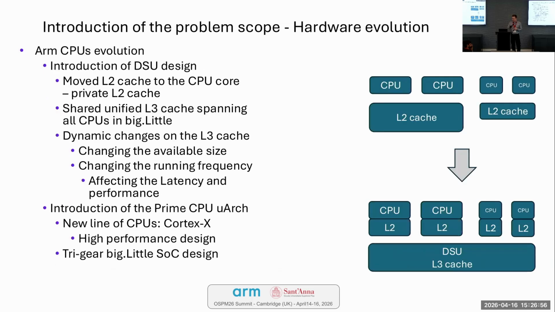What happened later, around 2016-17, is that this big little architecture with two private caches with L2 with different characteristics was changed into something different. We introduced an L2 cache private to the core, and then we added an L3 cache. That was mentioned a few times during this conference.